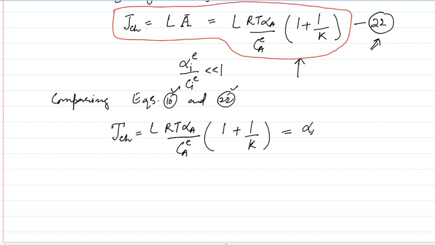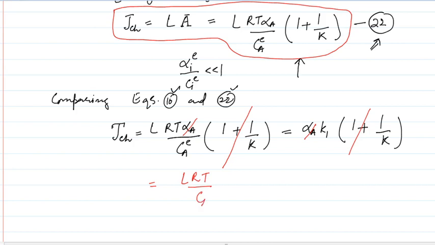We have already derived alpha A K1 into 1 plus 1 upon K. So this is an equality, so this part and this part will cancel, and also alpha A and alpha A will cancel, so we will get L RT upon CA equilibrium is equal to K1.